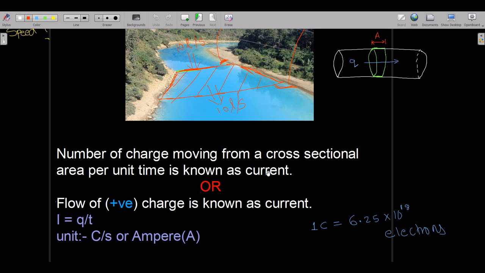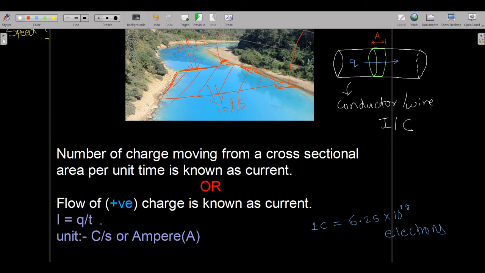If there is a conductor, meaning a wire, made up of iron or copper, that doesn't matter, we will take a cross-sectional area of it and see how much charge, or positive charge, is passing through it per second.